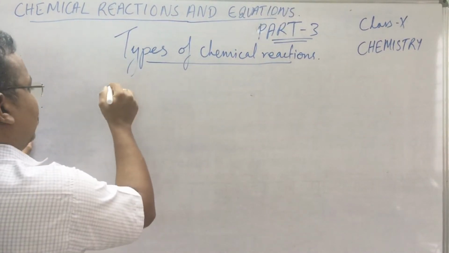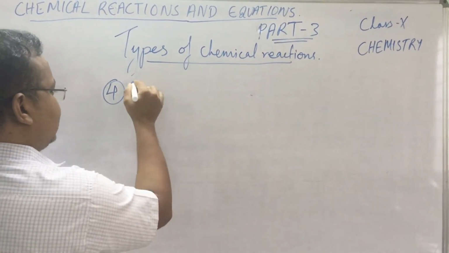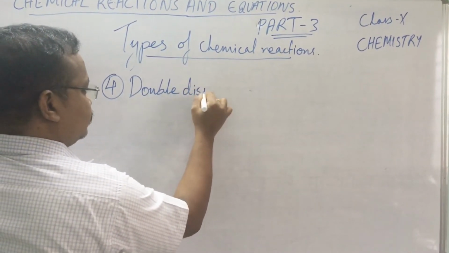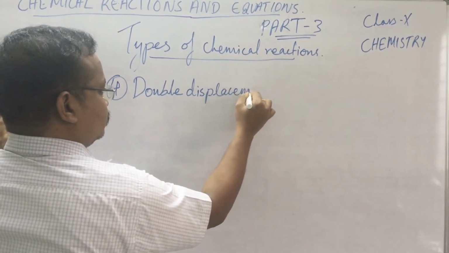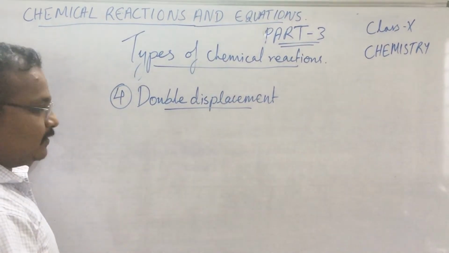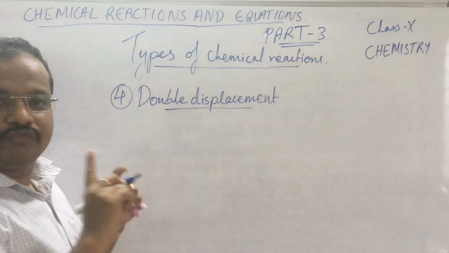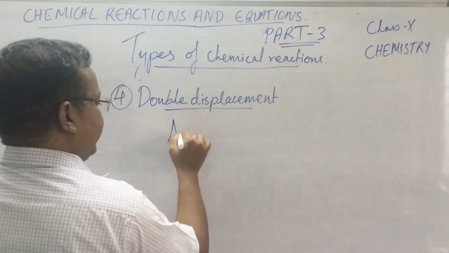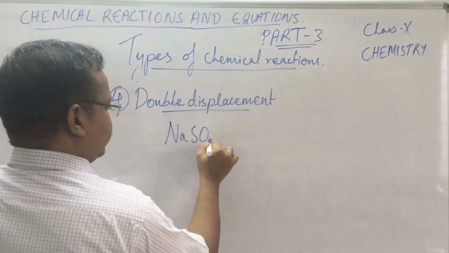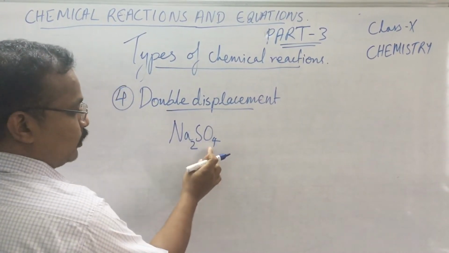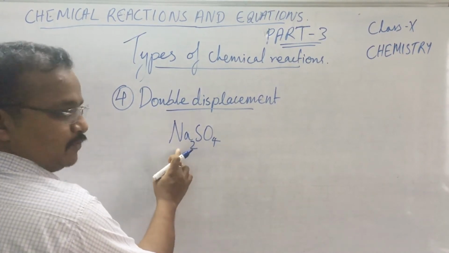Next, the fourth one is double displacement reactions. In double displacement reactions, an interexchange of ions takes place. Let us take an example of sodium sulfate, Na2SO4, not NaSO4, because the valency of sulfate is 2 and the valency of sodium is 1.